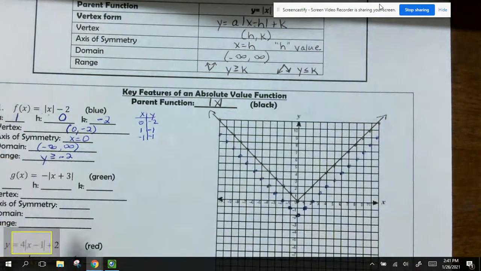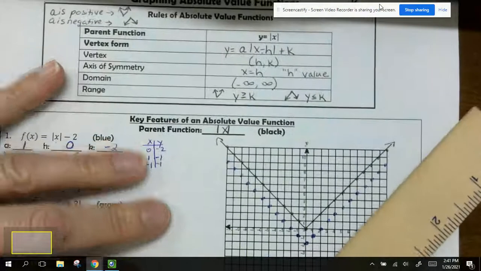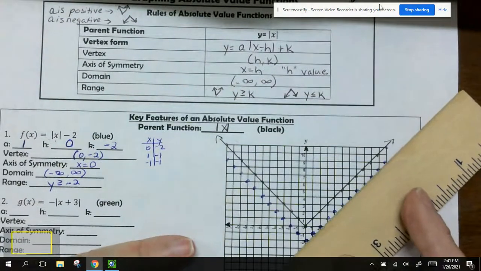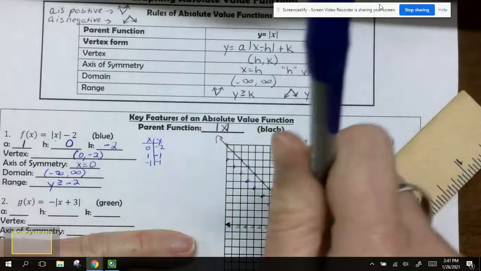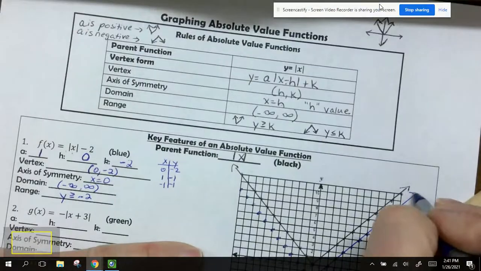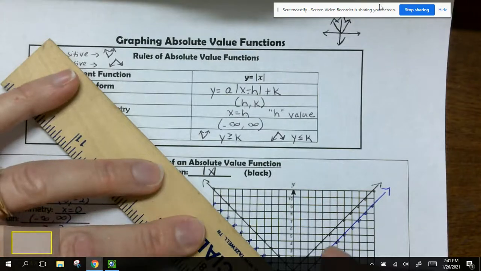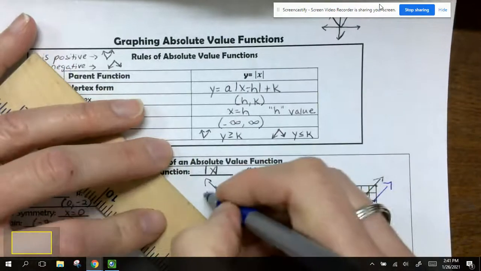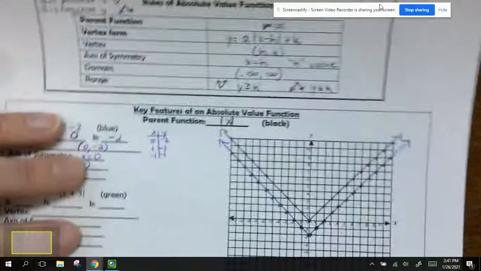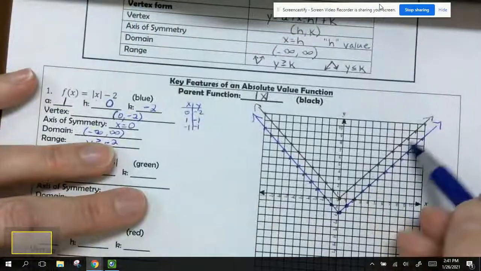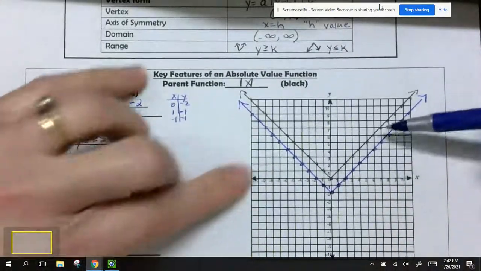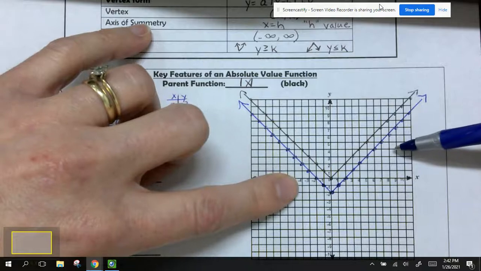And then we've got a graph that looks something like this. Okay, there's that side. And then we've got this side. So basically what we did to this parent function, absolute value of x, was we moved every single point down 2 units.